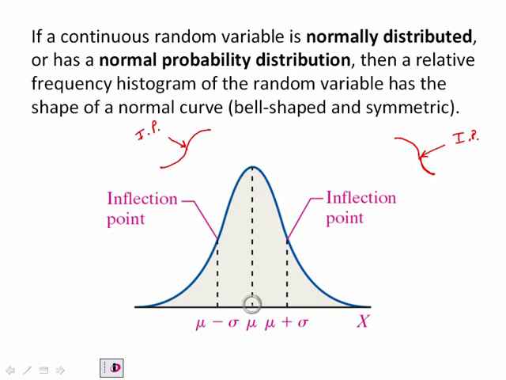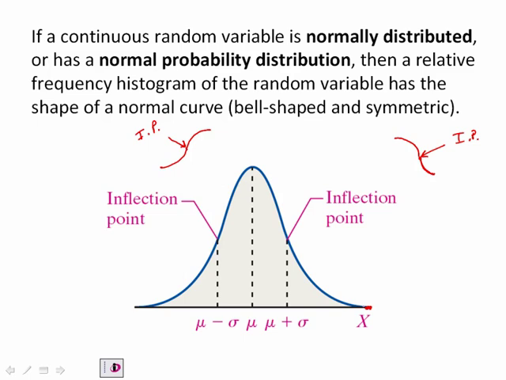Because of the symmetry about the mean, the area under the curve to the right of mu is going to equal, what do you think? A half. And the area under the curve to the left of the mean is also going to be 1/2.